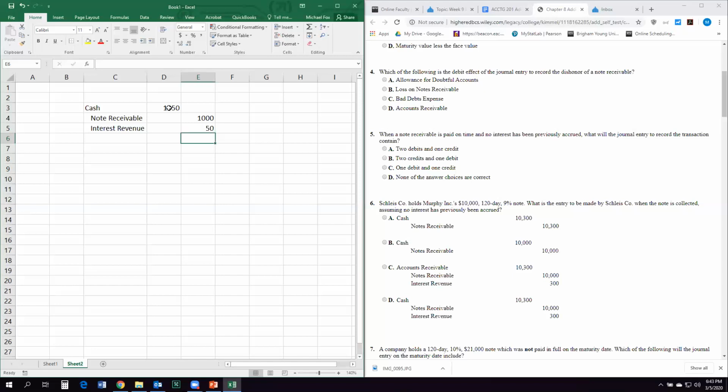So when they say no interest has been previously accrued, it just means we have not recorded any of the interest that the note has been earning all along yet. And so we're going to record that when we get paid. So it should be one debit and, oh wait, 2 credits and 1 debit. Yeah, that's what it is.